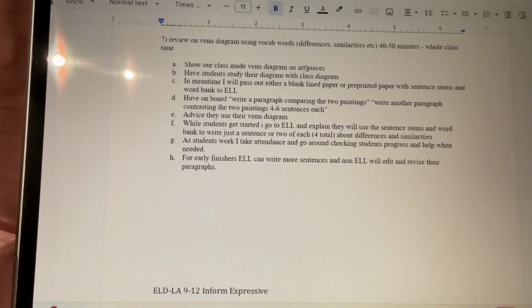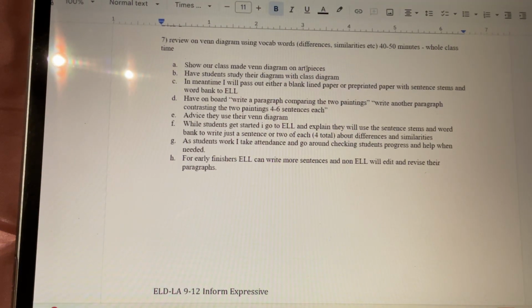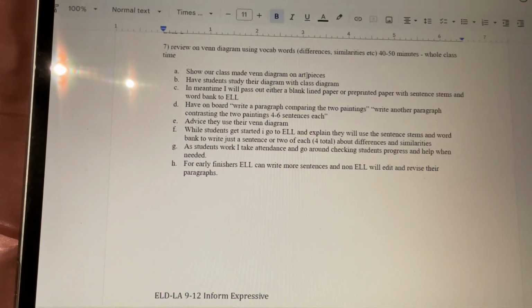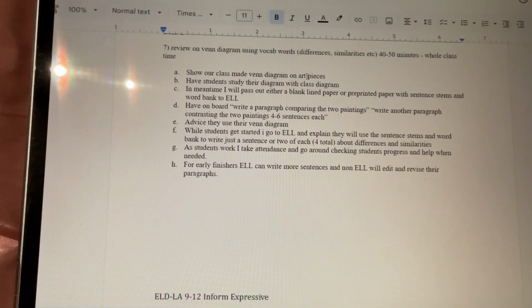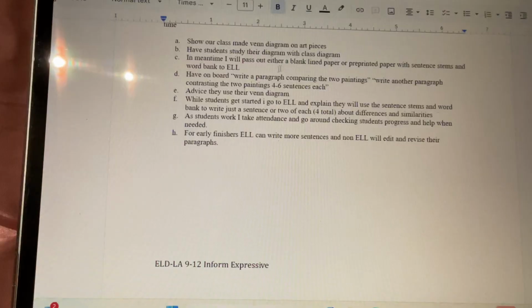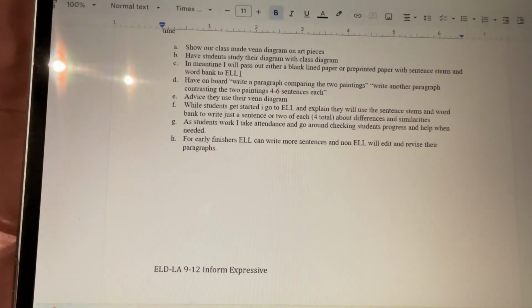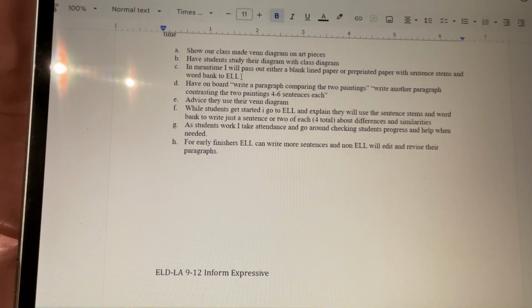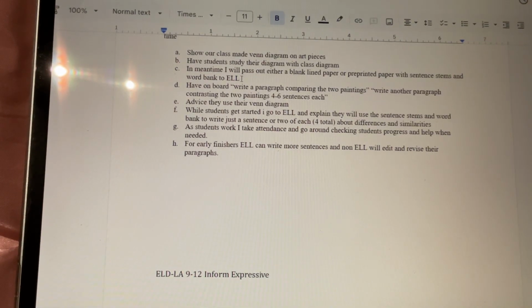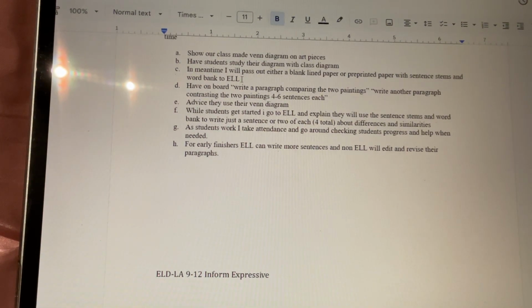For day 2, we would do a review on the Venn diagram. I would have students study the Venn diagram from class one, and then in the meantime, I would pass out either lined paper or a pre-printed paper with sentence stems and a word bank, and those would go to the ELLs.